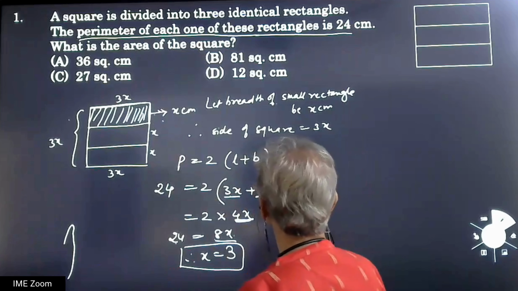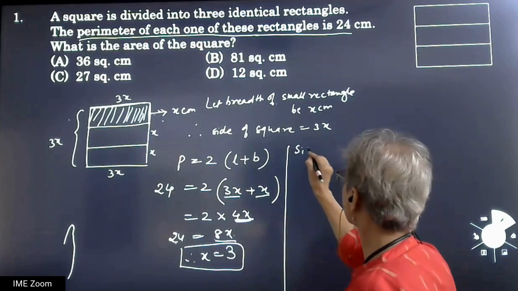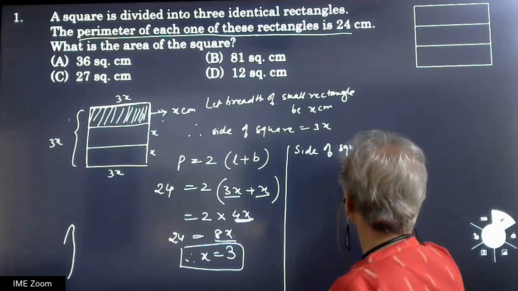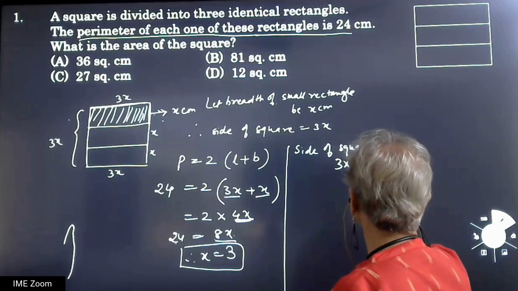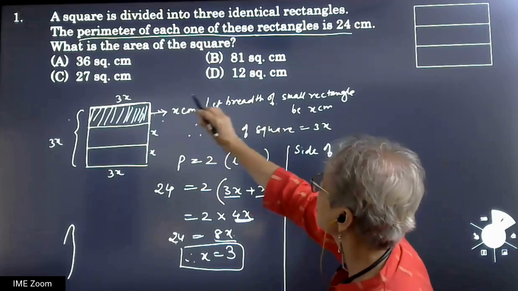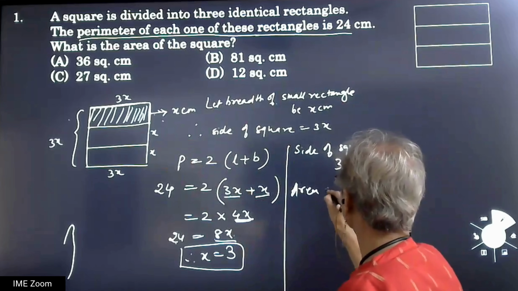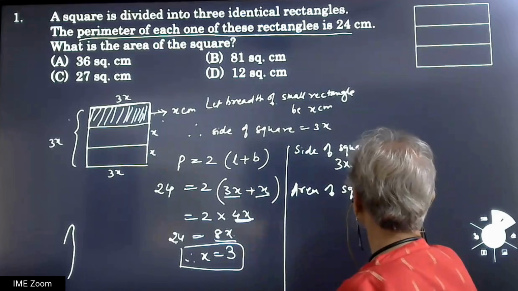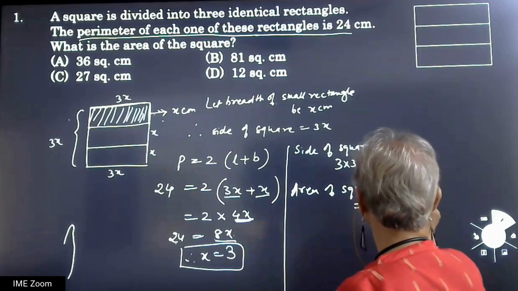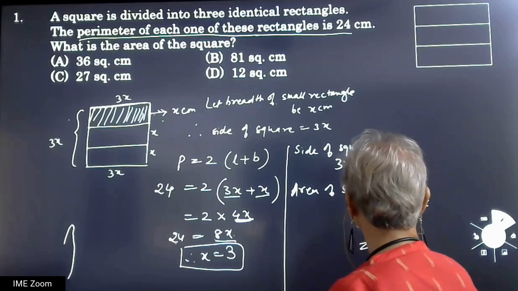And then, what is the side of the square? Therefore, we'll get the side of the square equal to 3 into 3, that is 9. Right? And now the area. What is the question? What is the area of this original square, this big square? So the area of the square equals side into side, and that is 9 into 9, and therefore 81.